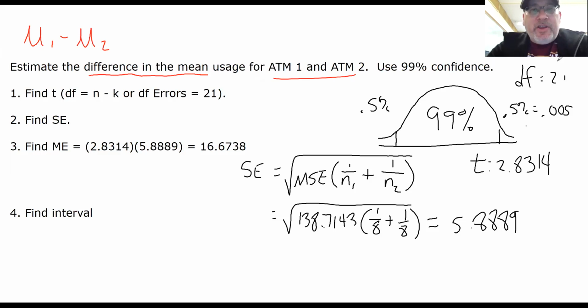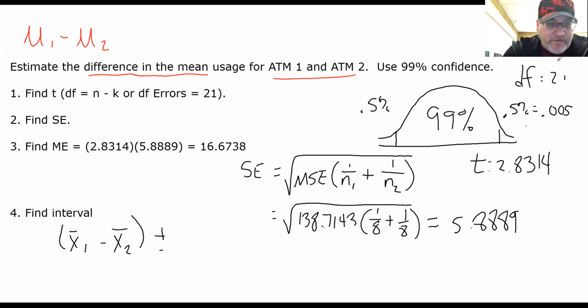All right, so for the interval, we have to take the sample version of what we're estimating. We're estimating mu1 minus mu2, and so the sample version of that is x bar 1 minus x bar 2. Then add or subtract the margin of error.